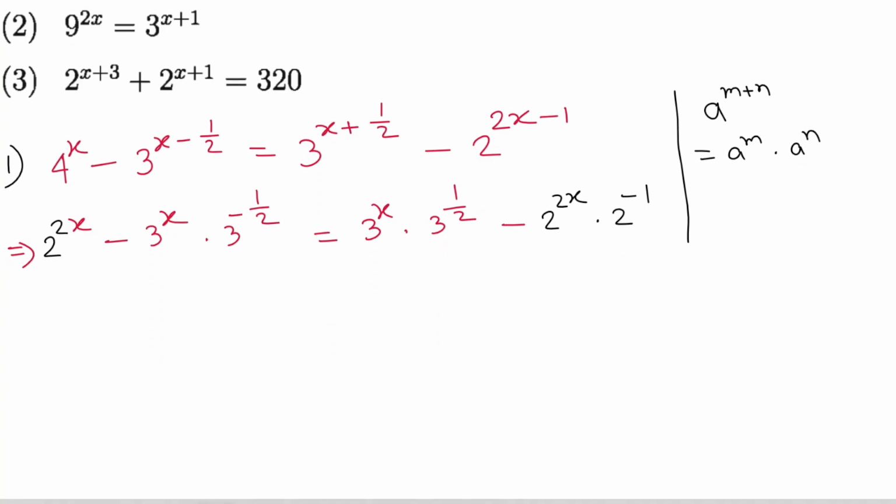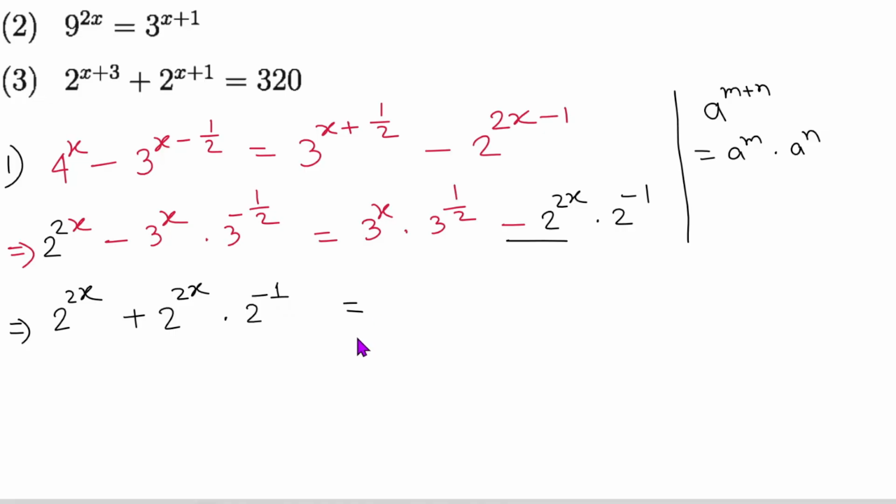Then we can write, here is 2 to the power 2x and here is minus 2 to the power 2x times 2 to the power minus 1. So we have to do something, right? So this one we can write plus 2 to the power 2x times 2 to the power minus 1, right?